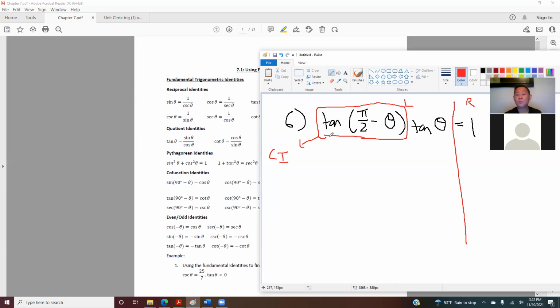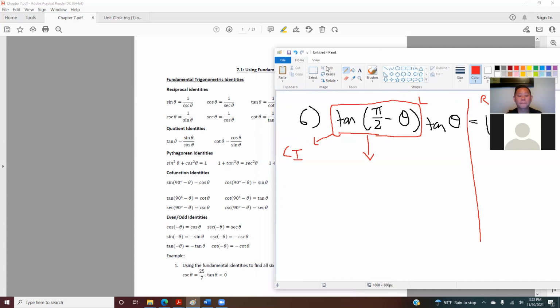So can someone tell me what is the cofunction of tangent of pi over 2 minus theta? Which one are we using here? We are using this one.